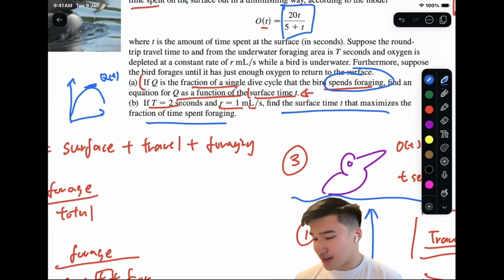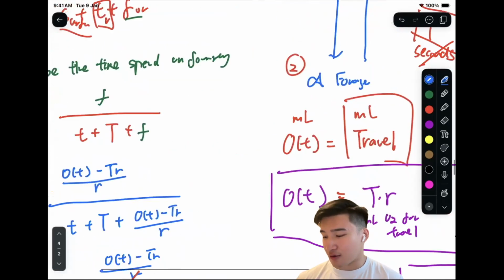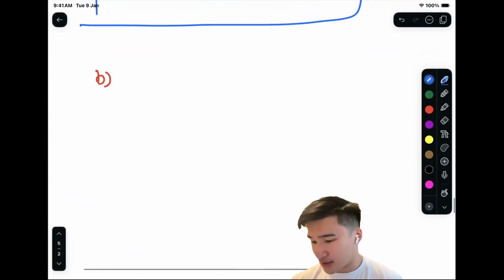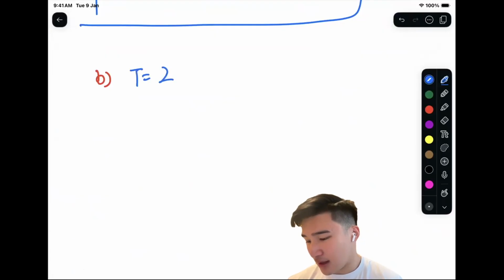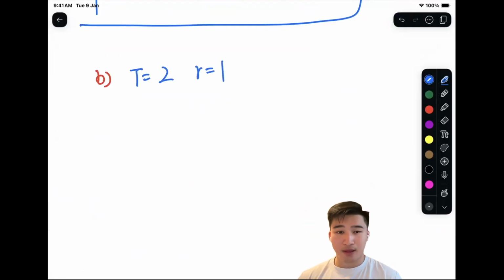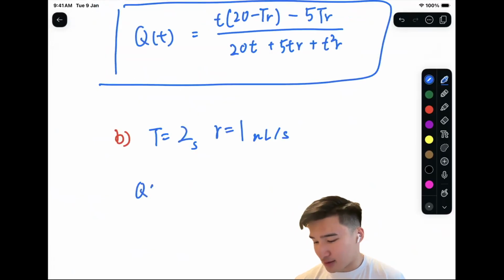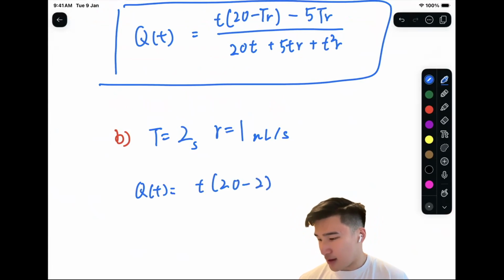And so given T equals 2 and R equals 1. T is in seconds, R is in milliliters per second. Q(T) equals 20T minus 5TR, where TR is 2, and then minus 5 times TR, which is 2.